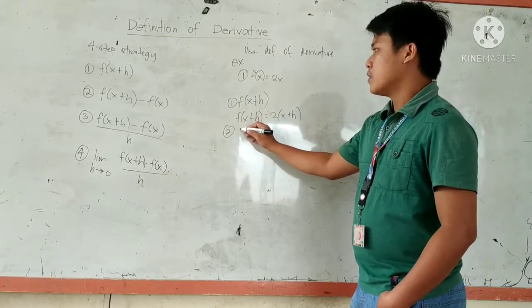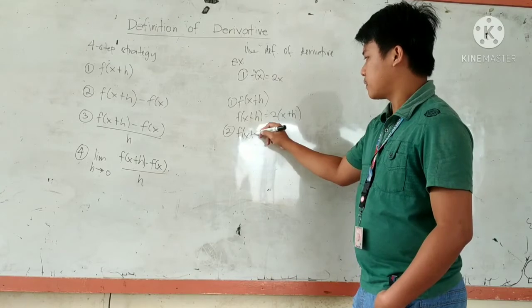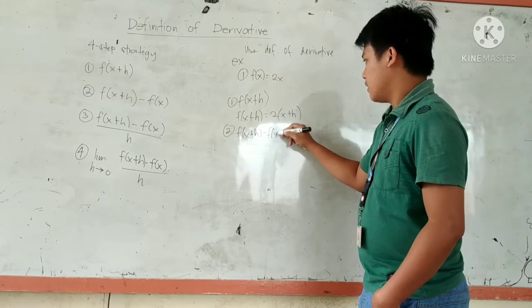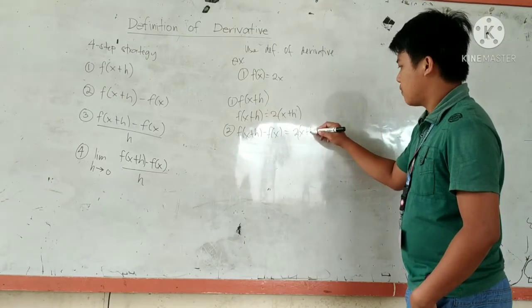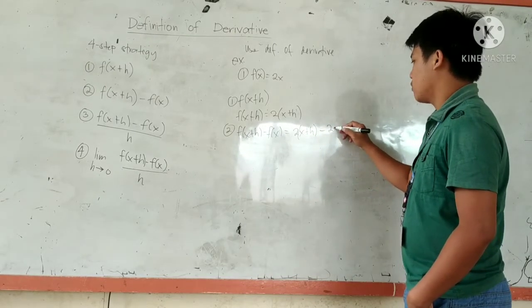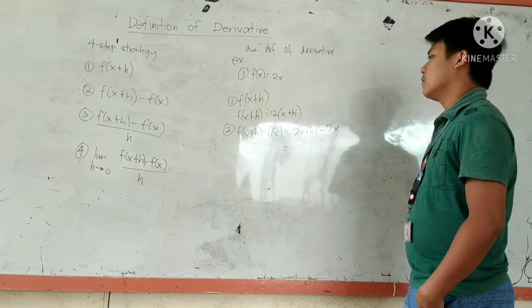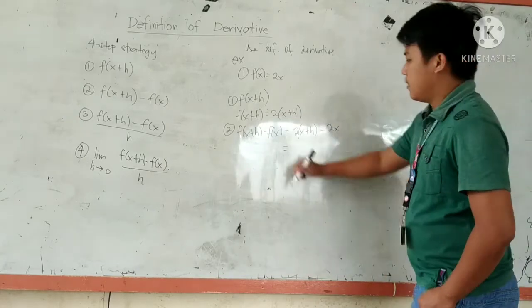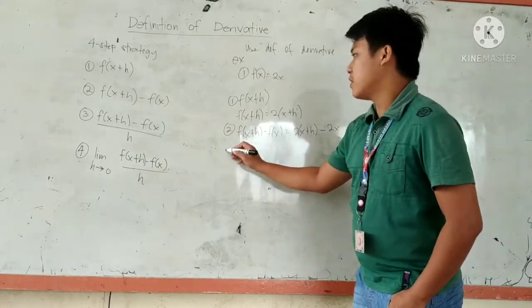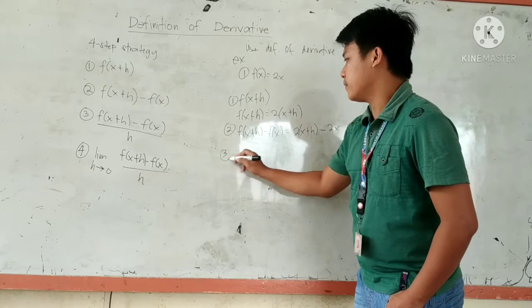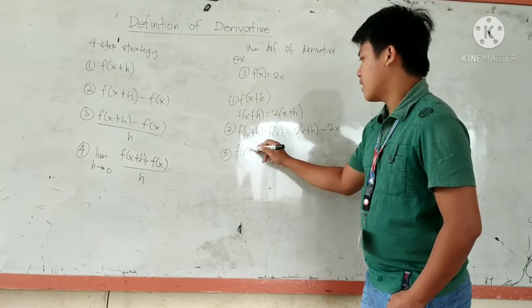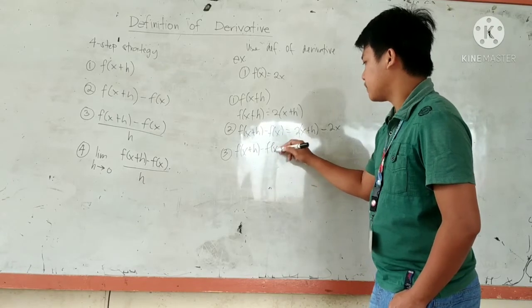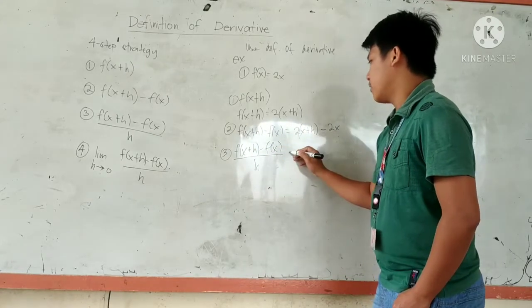And then in the second step, we're going to subtract our f of x. So subtracting it, we will have 2 times x plus h minus 2x. Then we proceed with the third step, finding the quotient over h.